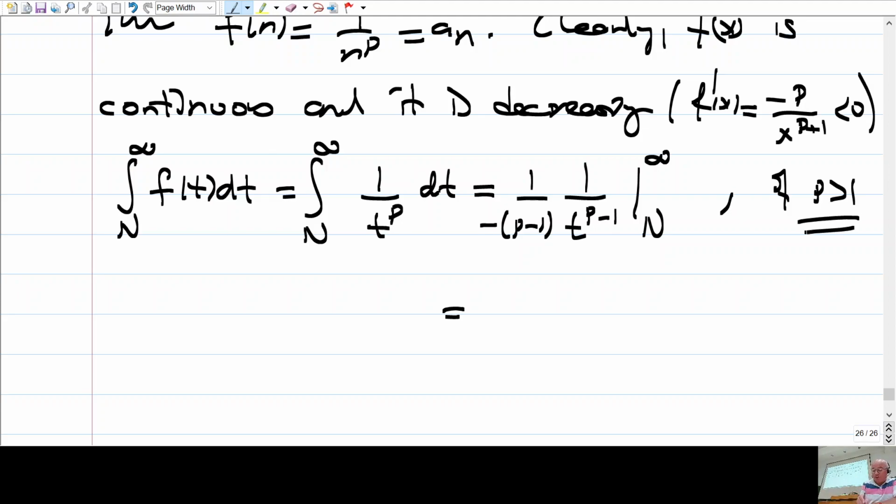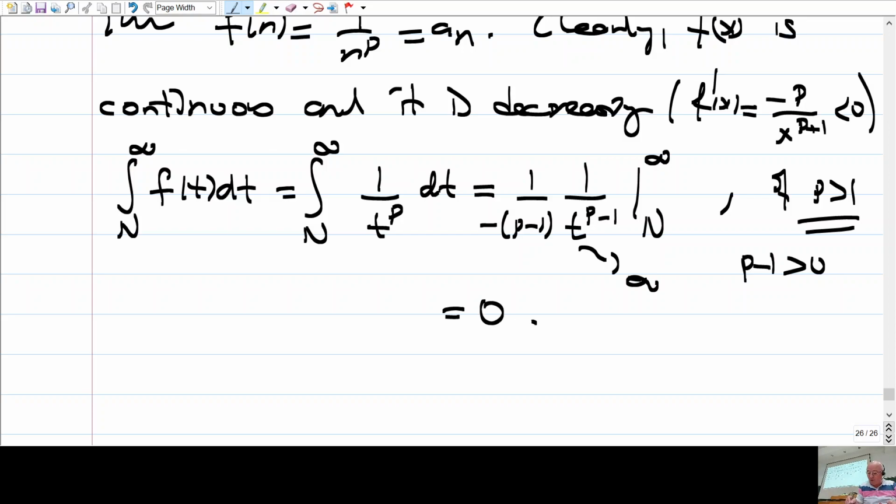But if p is larger than 1, then p minus 1 is still positive, right? Therefore, I have t to the power something positive. If you have t to the power something positive and let t go to infinity, then the denominator will go to infinity, and this thing will go to 0. Actually you don't plug infinity, you plug, let's say, r, and you let r go to infinity, this thing will go to 0.